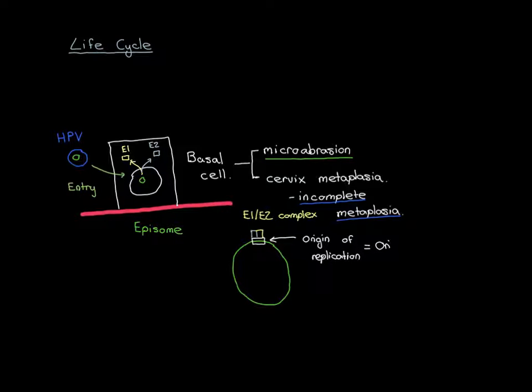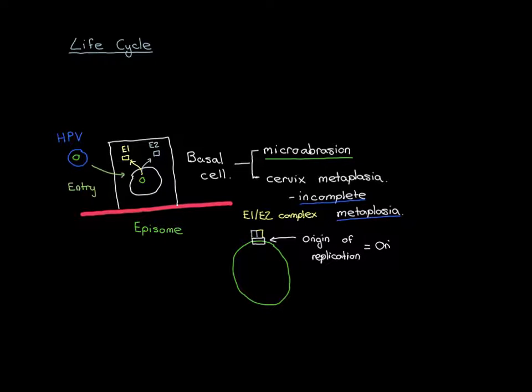Because human papillomavirus does not code for its own DNA polymerase, it relies on using the host cell DNA polymerase. Now, the host cell DNA polymerase is only going to be active when the host cell is actually dividing itself. So the viral genome can only be copied when the cell is dividing.